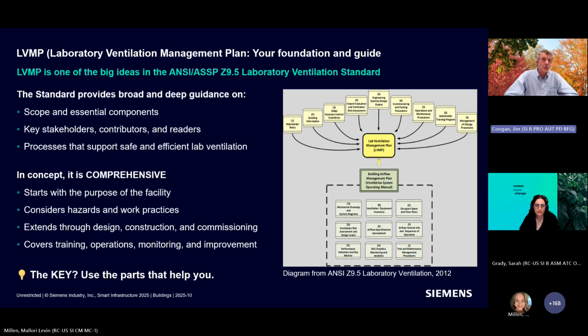And then it extends through, okay, how do we design the ventilation system for the purpose we have? How do we design it? How do we build it? How do we commission it? And there is heavy emphasis in the Z95 standard and other places on commissioning. I like to say, if you need it to work, you have to make sure it works. And that's what commissioning is all about. This ventilation system, we need it to work.